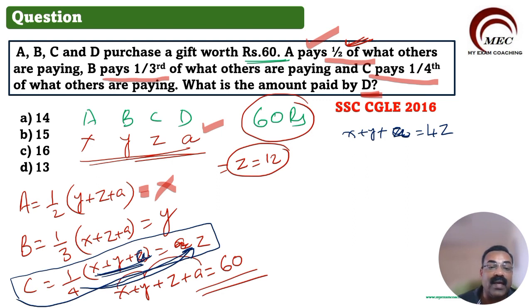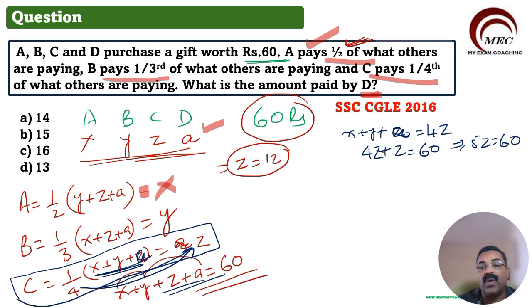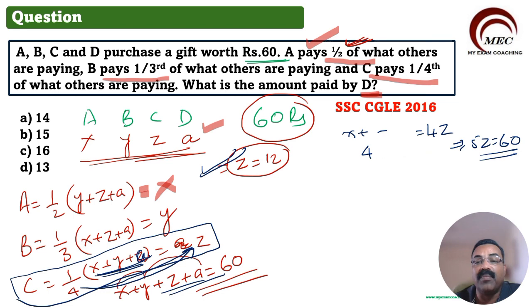So when X plus Y plus A equals 4Z, and X plus Y plus A plus Z equals 60, that is 4Z plus Z is equal to 60. That means 5Z equals 60, so Z is equal to 12. I am giving you the explanation of how I have taken Z equal to 12. If you are not clear with that, let me explain it very clearly.